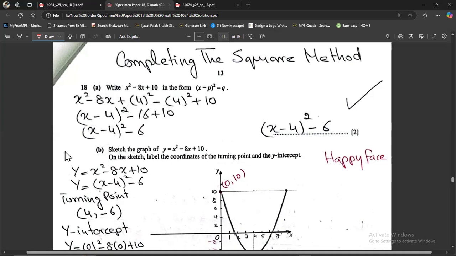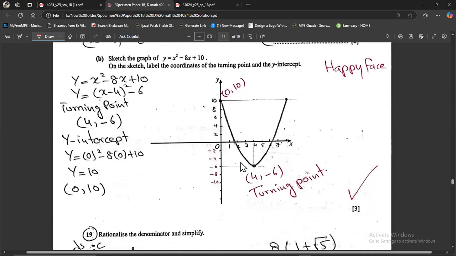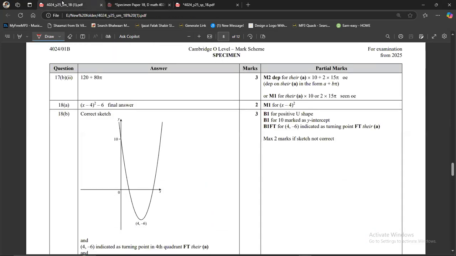You know, this form actually gives you the turning point of the parabola, the graph of the quadratic. And the turning point coordinates will be 4 comma minus 6. So now we are going to apply that. And let me check the answers. The first answer is right.